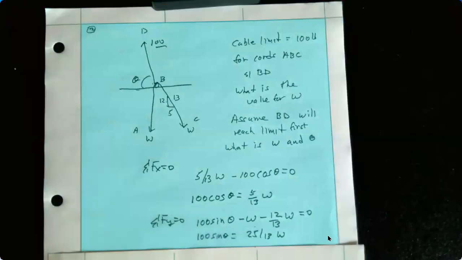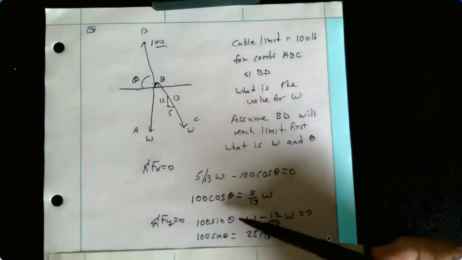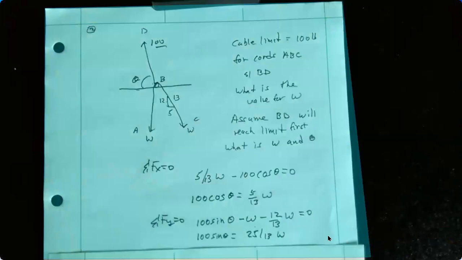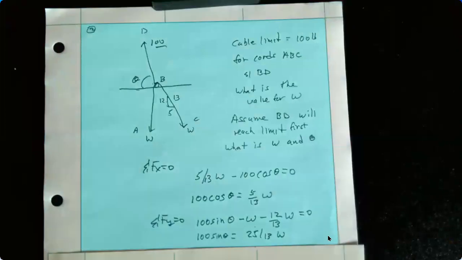I think you sort of recognize something here, we have sine and cosine. So what I'm going to do is just write these a little bit differently, put them together.